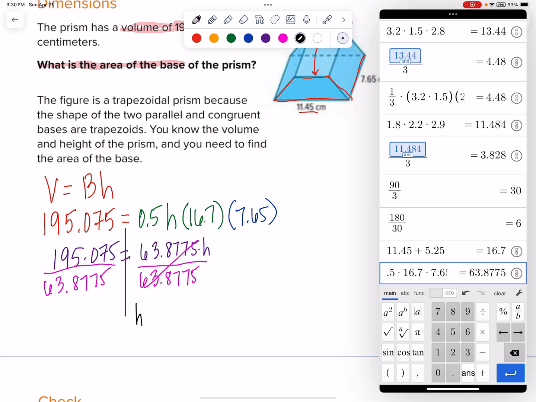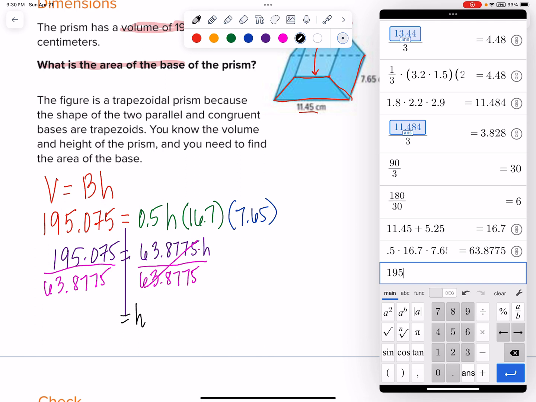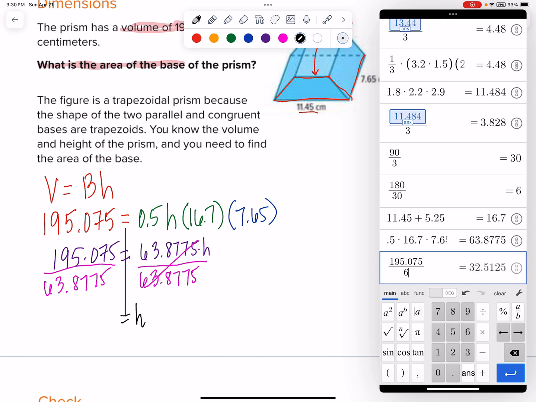So what is the height of our trapezoid? Well, the height of our trapezoid is, let's plug this in, 195.075 divided by 63.8775, and we get this really, really long number.